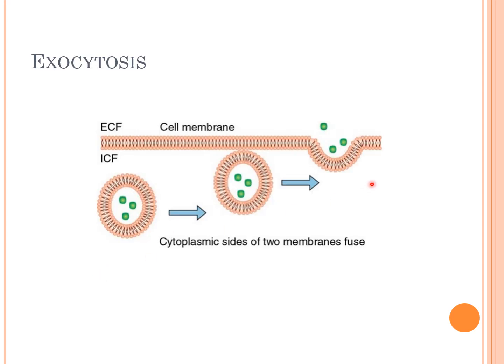Here you can see the substances present within the secretory vesicles. This secretory vesicle will approach and attach to specific areas of the cell membrane with the help of docking protein. This mechanism is docking, and then breaks occur in the cell membrane which release the substances out of the cell.